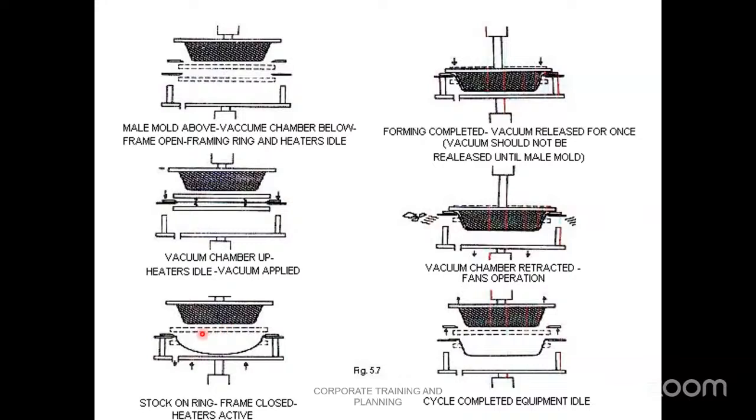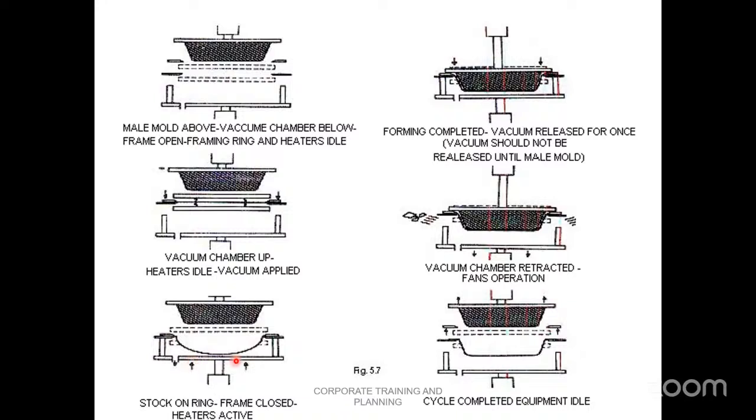Then after that, see, the vacuum is applied. After that, the bottom cylinder is going up, or the total unit is coming down. Here, the sheet is getting engaged with the bottom. Now see, this is going up. Therefore, the sheet is now taking the form.